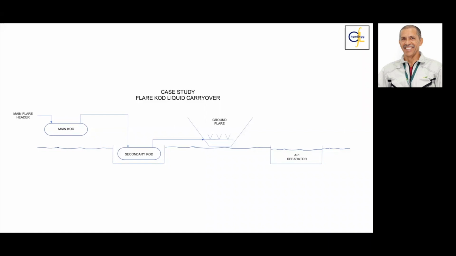The root cause is that one of the operators told us that they had to blow down the alkylation plant in the refinery, and they didn't have any tank to hold that volume. Then somebody came up with a big idea, because this main knockout drum is a very huge pressure vessel, looks like a horizontal tank. You see the side, you will understand because it's quite big.